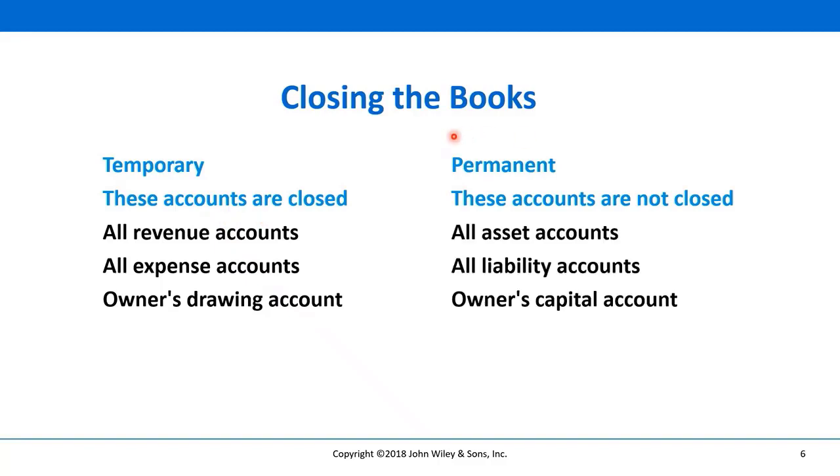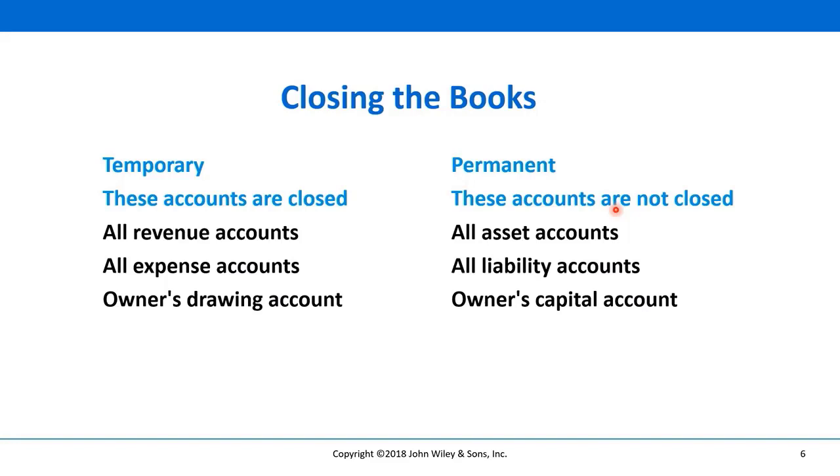Why are they permanent? Just think about a particular example. Suppose all asset accounts are permanent accounts, so they are not closed or do not need closing. Suppose at the end of December 31, 2019, you had a cash balance of $50,000.